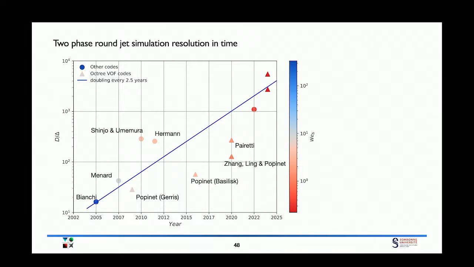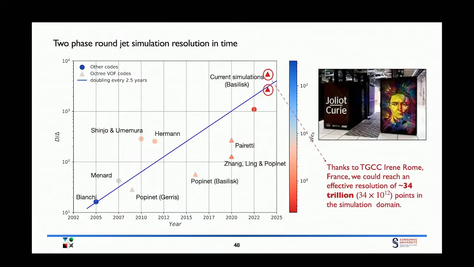Now before we study that, let's see how resolution has increased over the years. There is a very nice plot here showing that the resolution, that is the number of grid points per diameter, doubles about every 2.5 years. That also means that the Weber number based on the grid size is decreasing, which is a good thing. And we are here in this presentation.